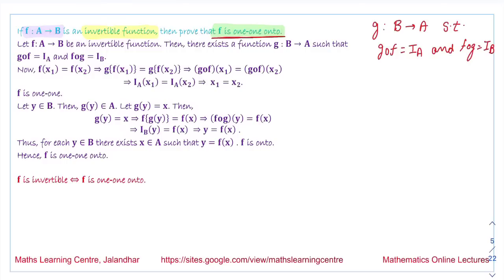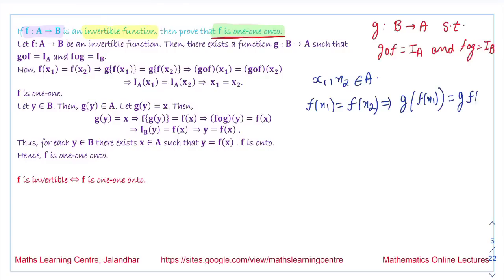To prove that it is 1-1, suppose there are elements x1 and x2 belonging to A, and f of x1 is equal to f of x2. So this will imply that g of f of x1 is equal to g of f of x2, and this implies, what is this g of f of x1?